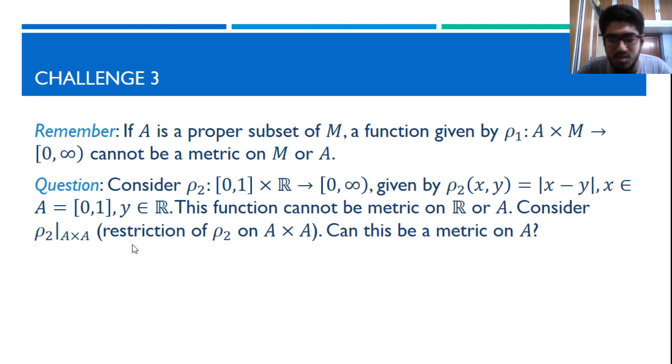So anyway, the answer, as you said, is yes, as we pointed out in the previous example, and this will work as a metric. So let's quickly go to the next one.